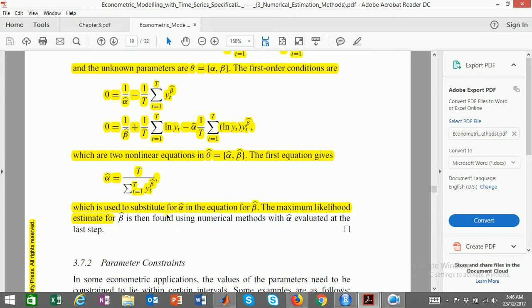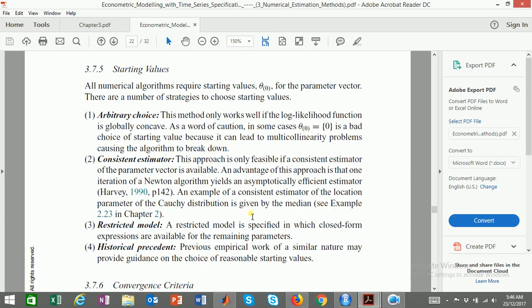That's all. Some of the ways to select starting values: we can do arbitrary choice. There are consistent estimators that we can use. We can use restricted model, and historical values can be used. So basically we use arbitrary choice. Even in some cases, remember theta naught is never 0. We always start with 1 or any arbitrary value.